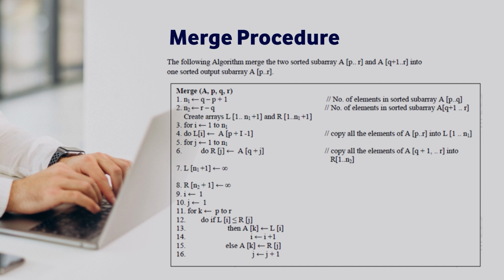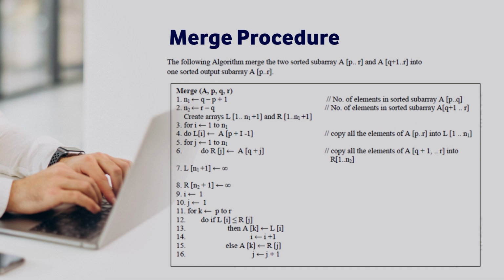So the left and right lists will contain 5 elements total, and the fifth element will be set to infinity. In the next step, they are copying the elements into the left and right arrays, and they are setting the last element of the left list to infinity and the last element of the right list to infinity.